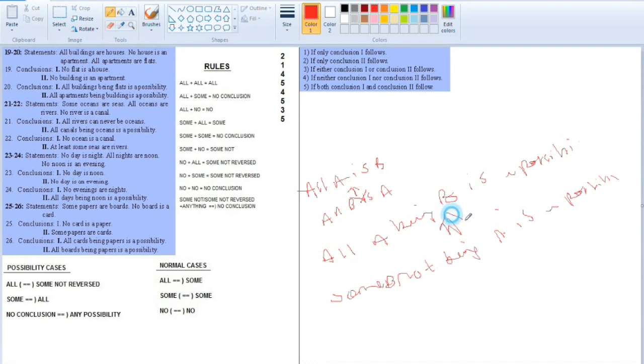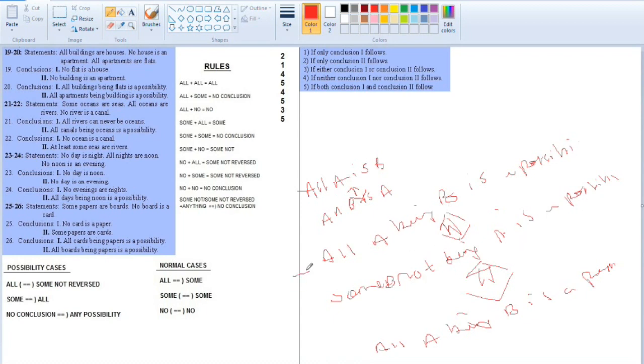See, this can be reversed, or otherwise we can write it as all A being B is a possibility. So are you getting the point? All A being B is a possibility. That can be written as some B not being A is a possibility.